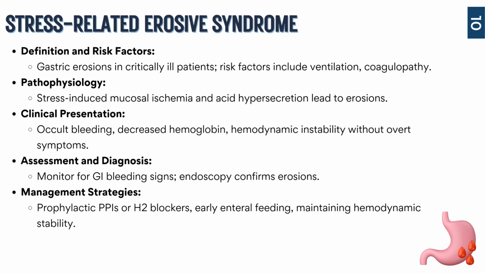This is why so many of your patients get put on those PPIs in the hospital, even though they don't have an actual diagnosis of an ulcer beforehand. We're wanting to prevent this from happening if they're at risk. Also, early enteral feedings may help maintain the mucosal integrity. So that's another way that we can treat it. And in cases where there's significant bleeding, endoscopic interventions or surgery might be necessary.